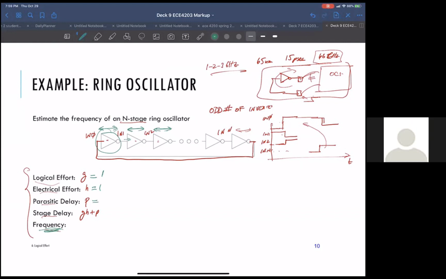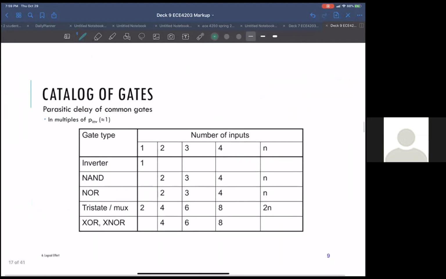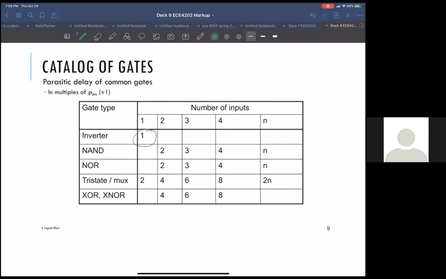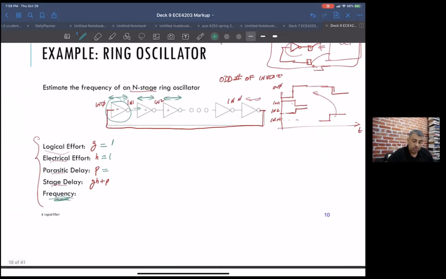What was the formula of P? I forgot. You can just look it up in the catalog or the table. The P is also going to be one, because the P and the G are all referenced to the inverter. So if you have an inverter, P is also equal to one.